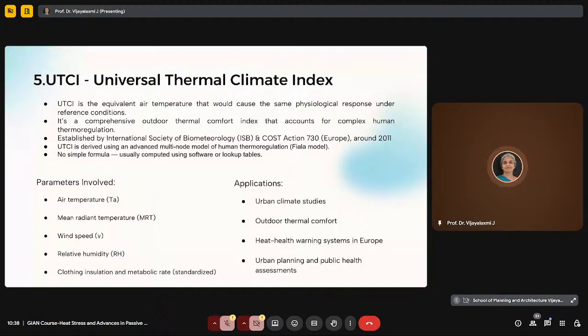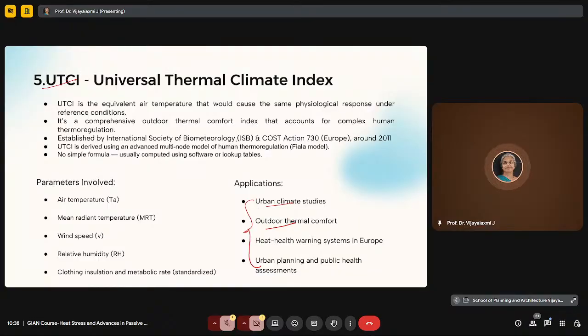And then the UTCI, Universal Thermal Climate Index. This and WBGT should be of interest to you if you are working on thermal comfort. UTCI is used primarily for outdoor thermal comfort and urban climate studies, so if you want outdoor thermal comfort, you should look at UTCI in greater depth.